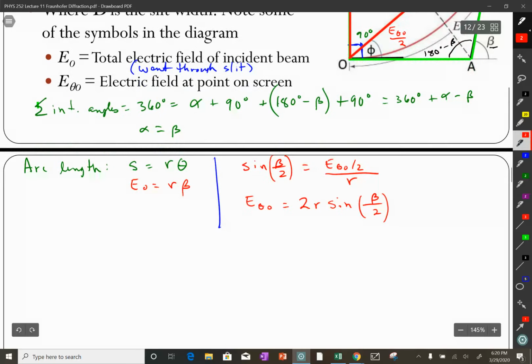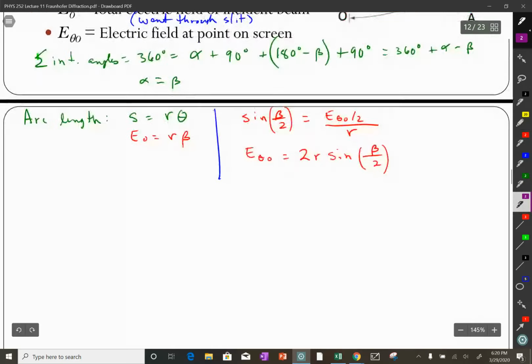Now I'm going to take these two relations and just divide them by each other. It's the easiest way. So I'm going to put Eθ0 over E0 is equal to 2R sine beta over 2 divided by R beta. What was the point of this? Remember I said R doesn't matter? R cancels here.